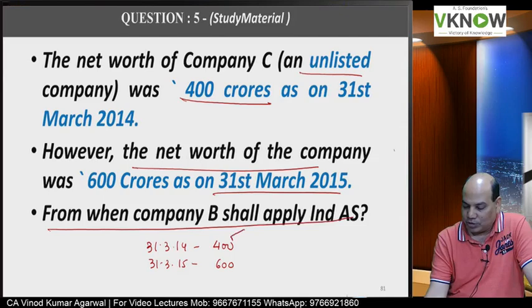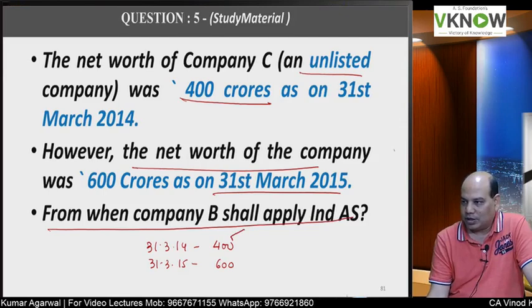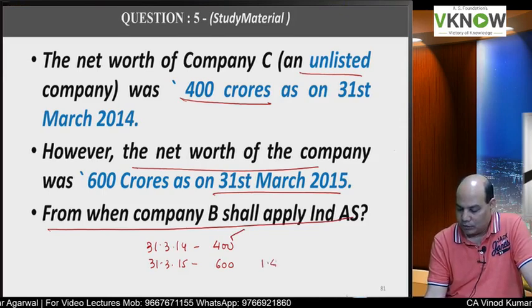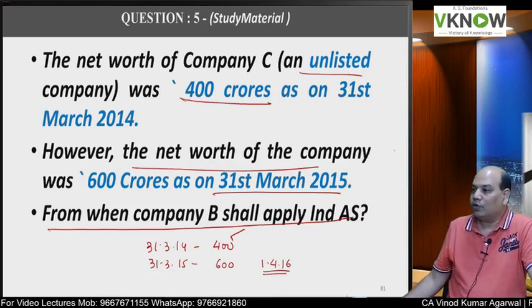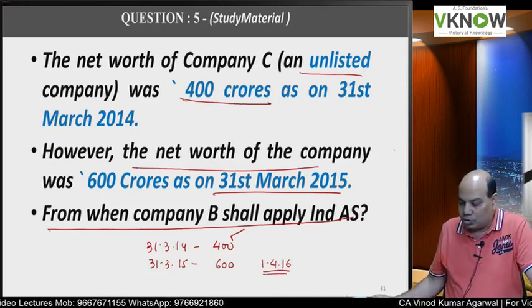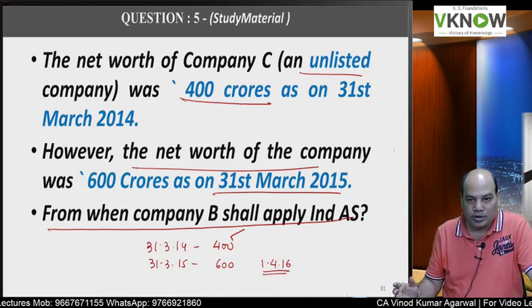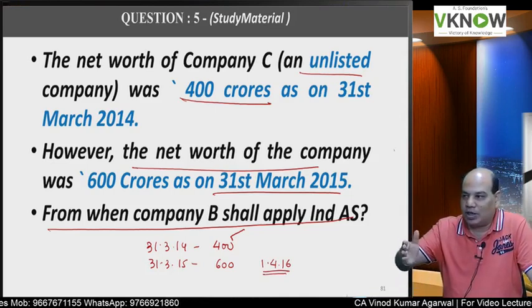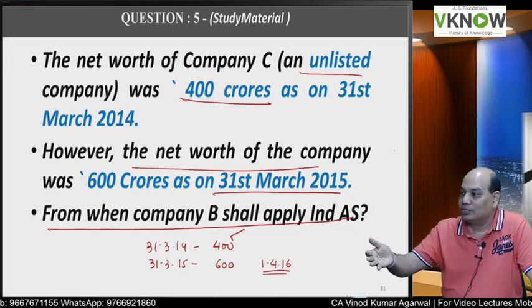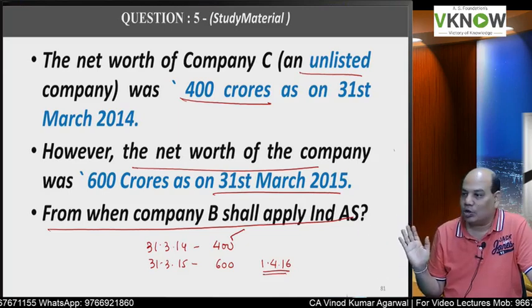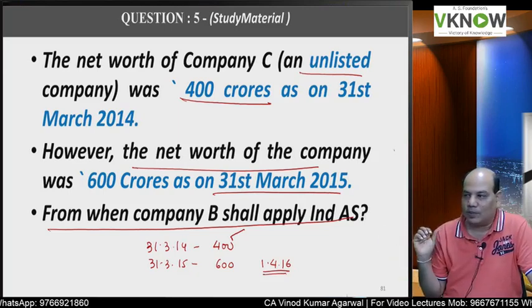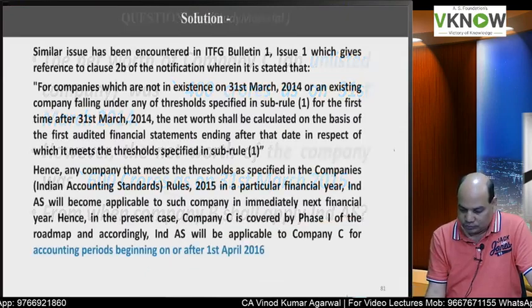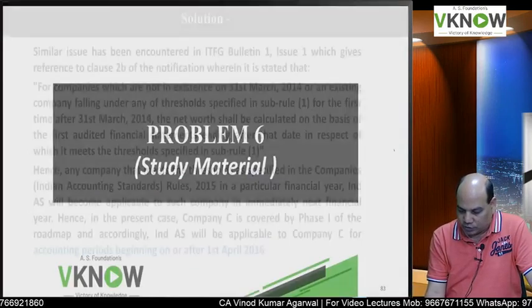Whether you meet the criteria on this date or any date after that, you will apply from 1/4/16, because you have to apply Ind AS only from 1/4/16 or thereafter. Don't write the answer 1/4/15. In India, Ind AS became applicable only from 1/4/16, so your answer cannot be any date before 1/4/16. Even voluntarily you cannot apply before 1/4/16. So the answer is 1/4/16.